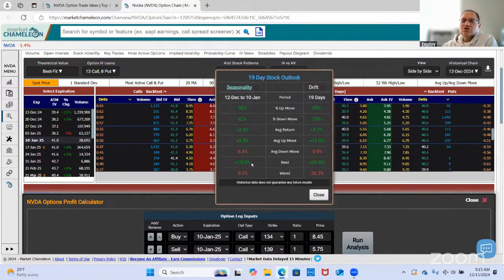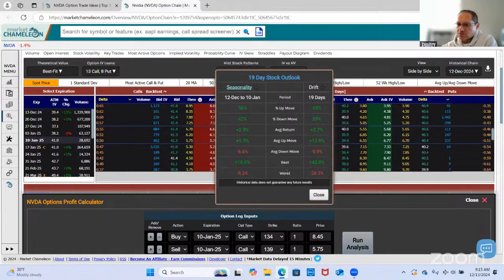And this is to give us a sense of the range, high, low. The best move up 18.8% seasonally, worst 9.3. The best move up 43%, worst 28%.